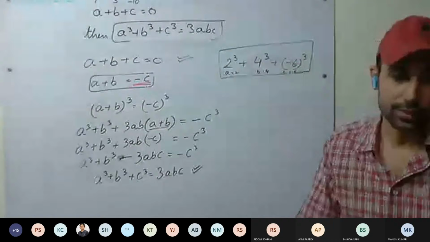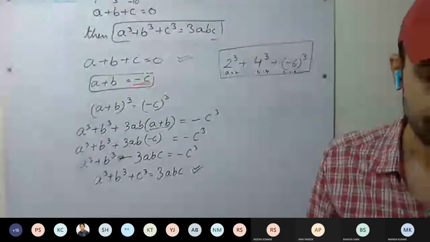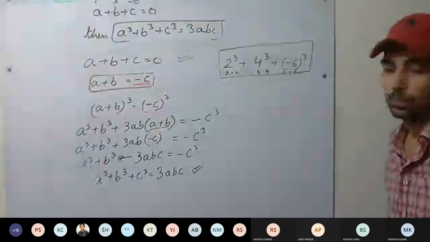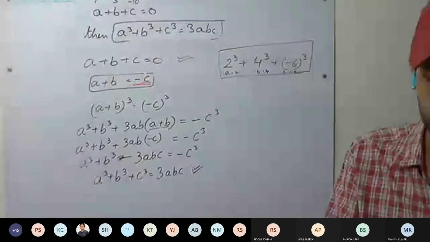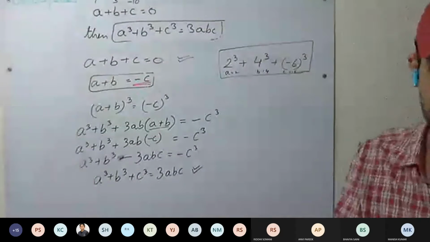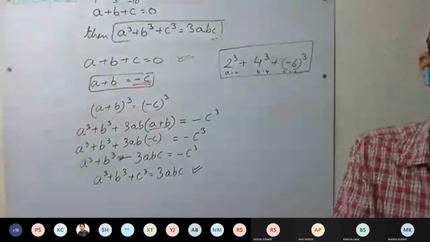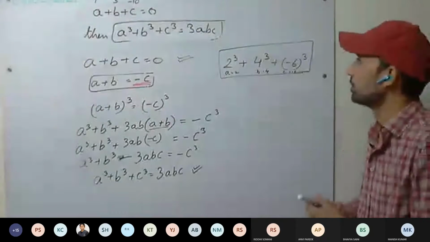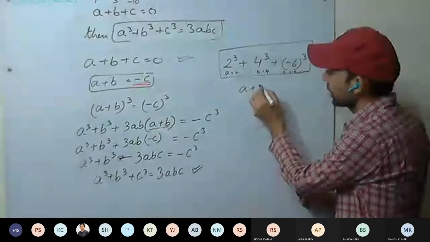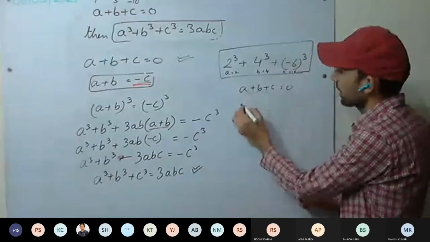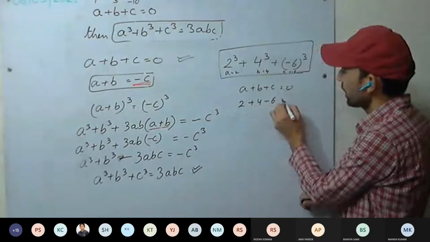Is that condition satisfied? Yes, sir. Okay, then solve and find the value. Everyone solve it. If this condition holds true, a plus b plus c equal to 0, a will be how much? 2 plus 4 plus minus 6, that is minus 6.